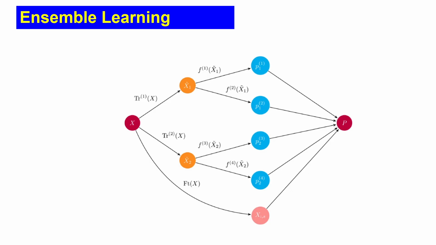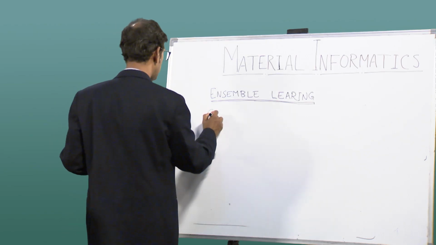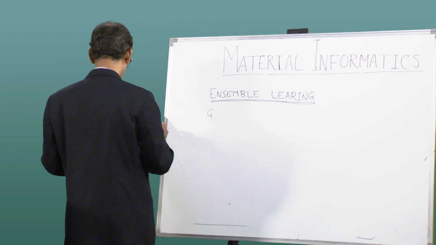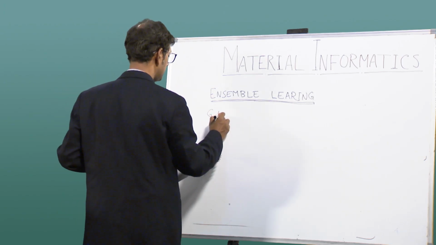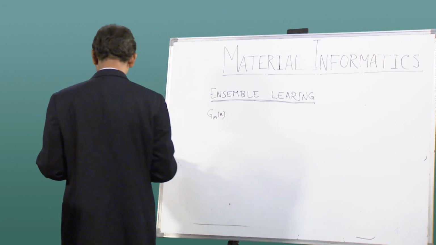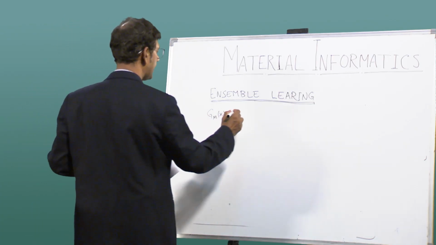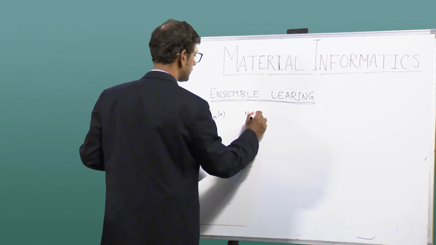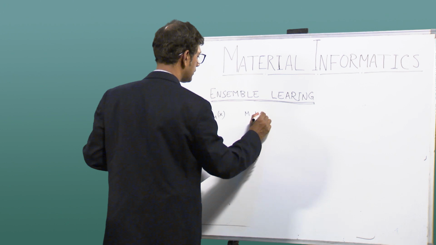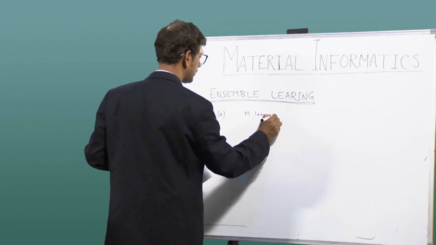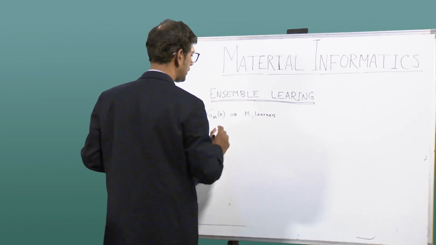So, if I have to go to the board and discuss that, let me just go there and tell you. Consider an ensemble learner, let us say ensemble learner G_M(x). This is an ensemble learner. That means it includes M learners, right.